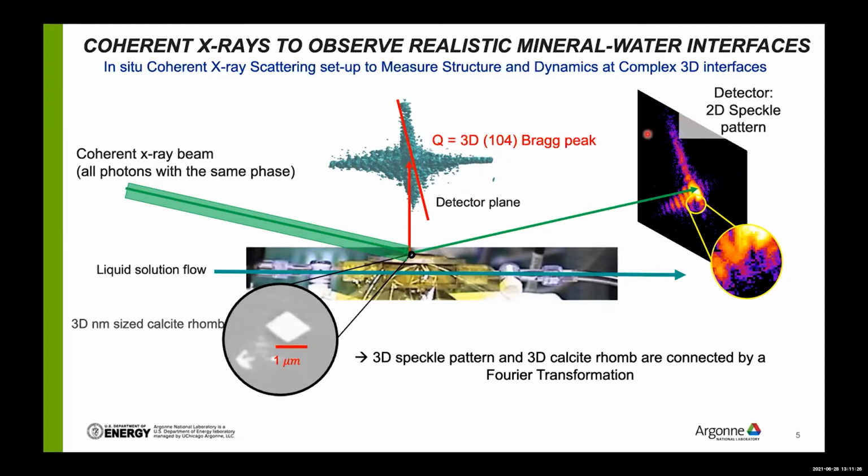And the image that you can see in the detector is a 2D speckled pattern. And once again, you recognize these fringes whose geometry corresponds to the Fourier transformation of the rhombohedral morphology of the calcite rhomb.